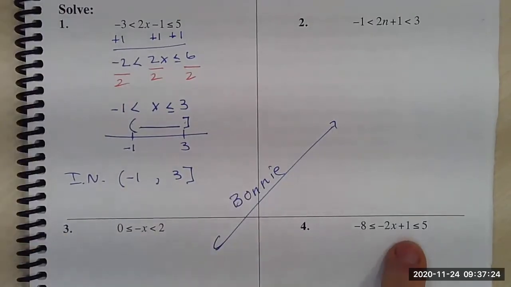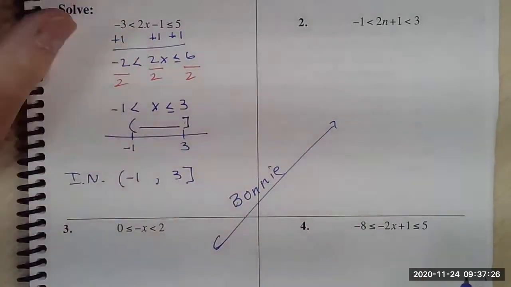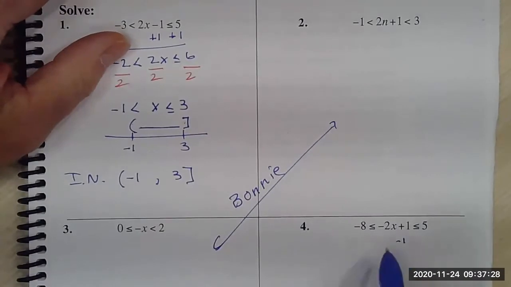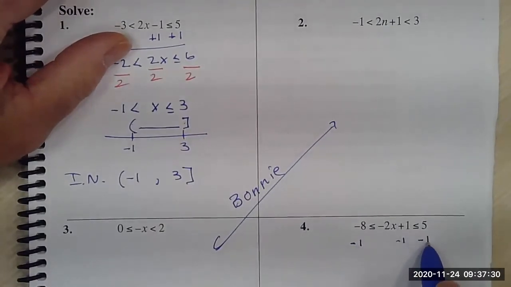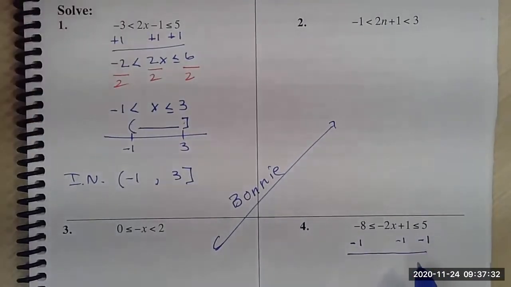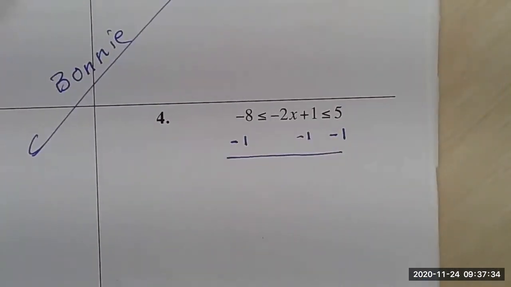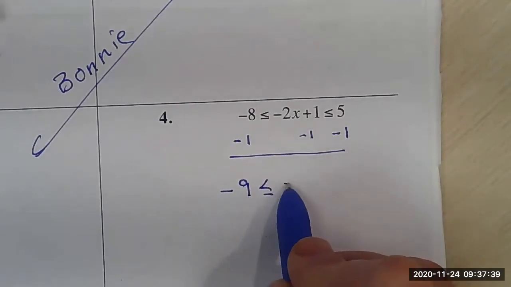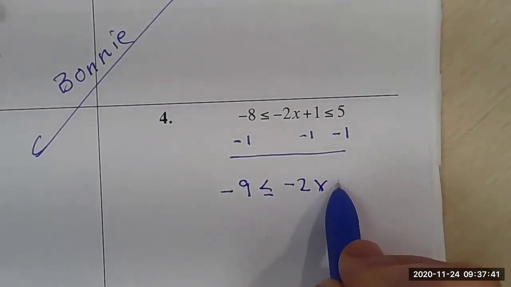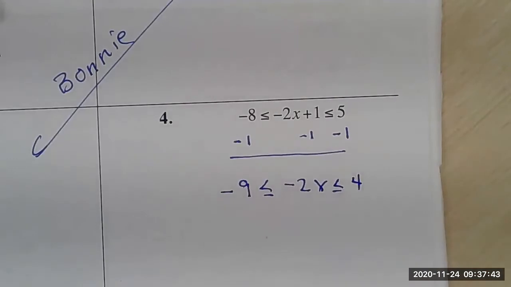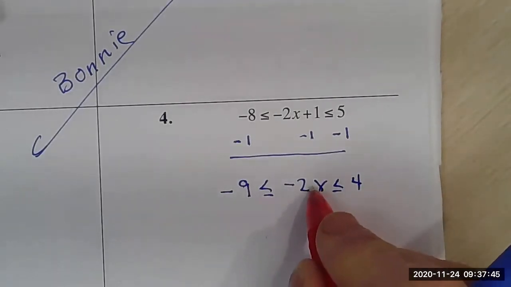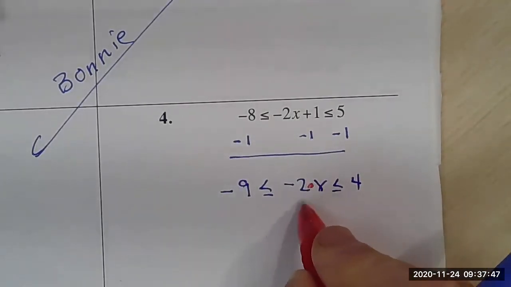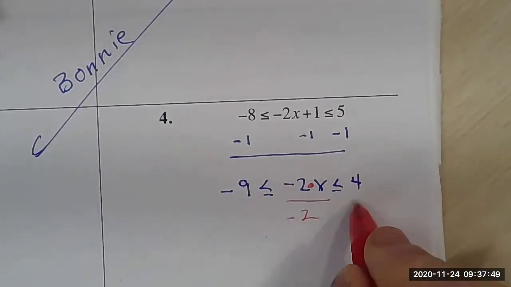Okay, my number 4 down here. Same idea. I'll subtract 1 everywhere. So I'm left with -9 less than or equal to -2x less than or equal to 4, and get rid of the -2. Now it's not adding 2, it's multiplying here. Divide by -2.